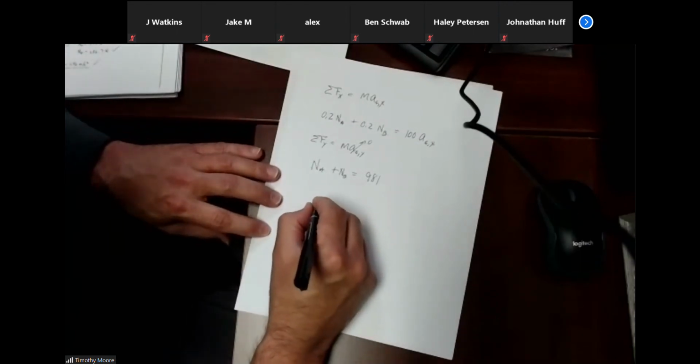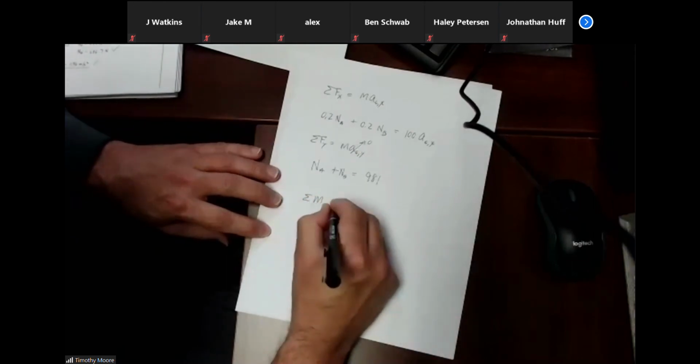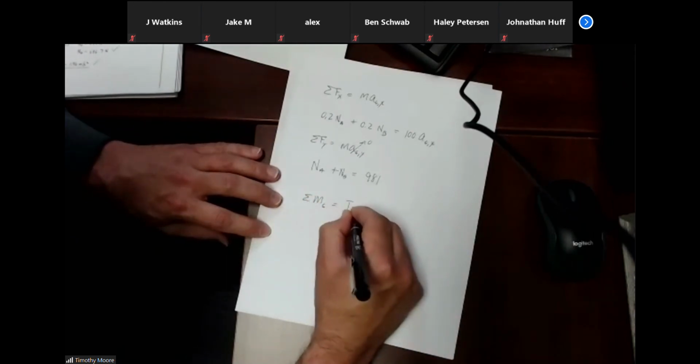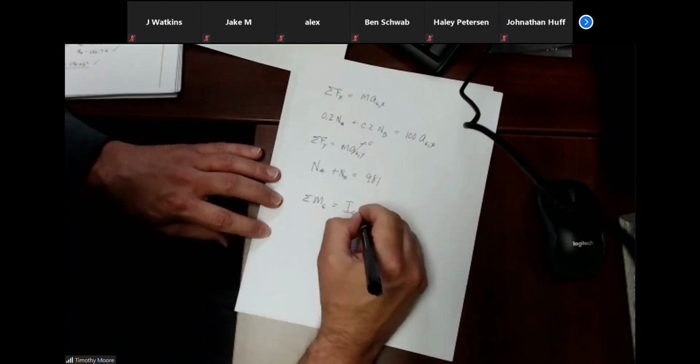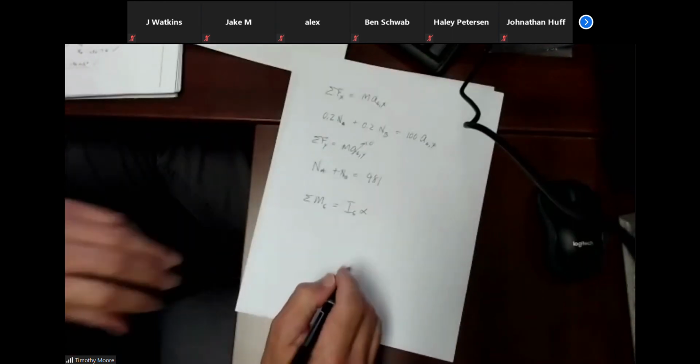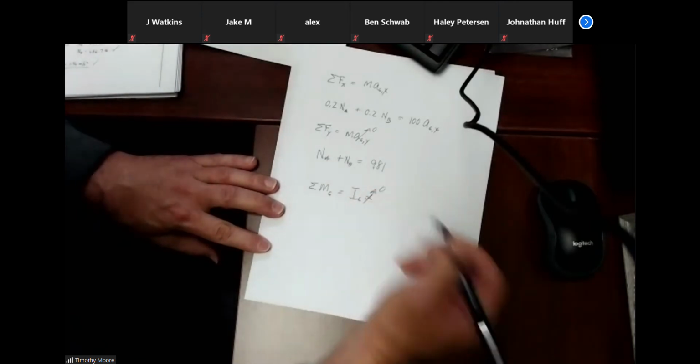And so if we sum the moments about the center of mass and set that equal to the mass moment of inertia about the center of mass, again, same point, times alpha. But this desk is not rotating, so that goes to 0.